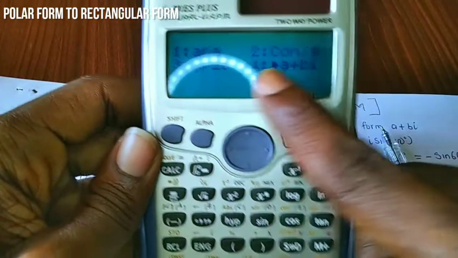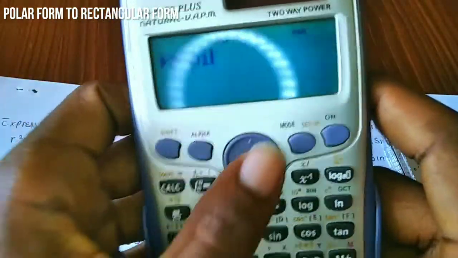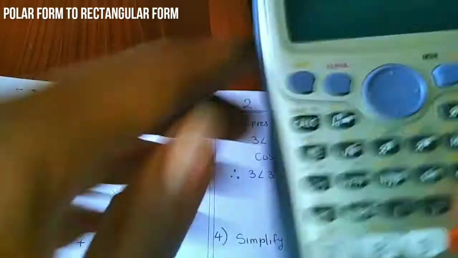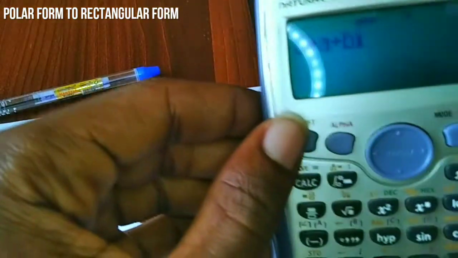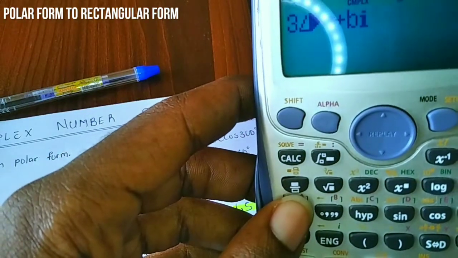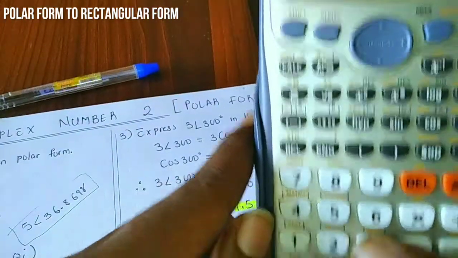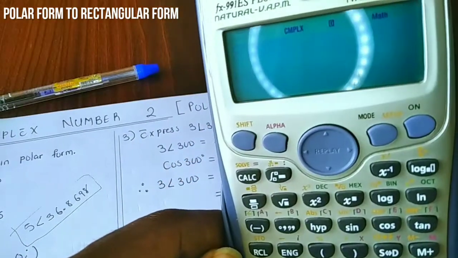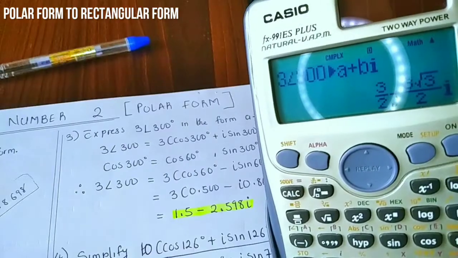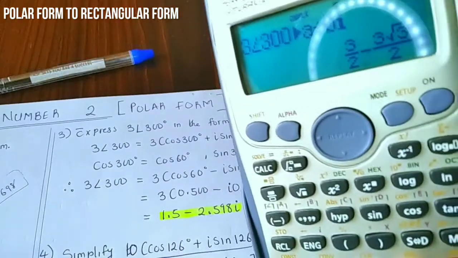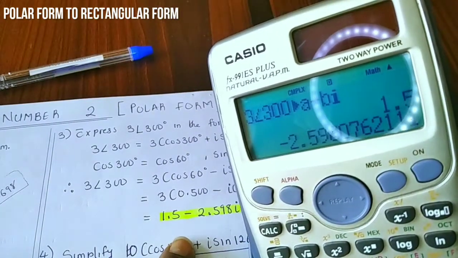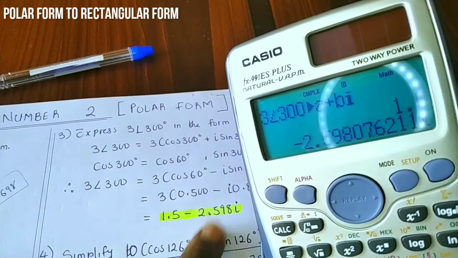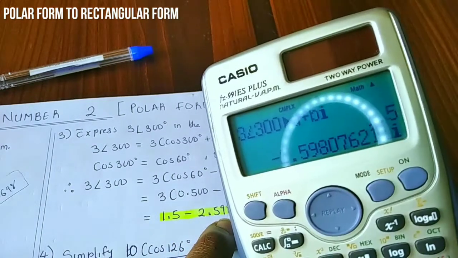You dial 4, go back here and shift. As you can see, as simple as that: 1.5 minus 2.598i, as simple as that.